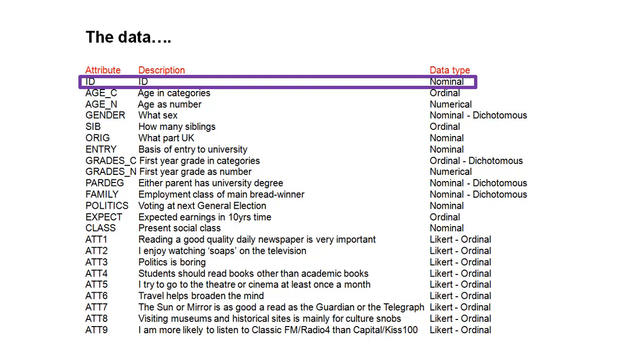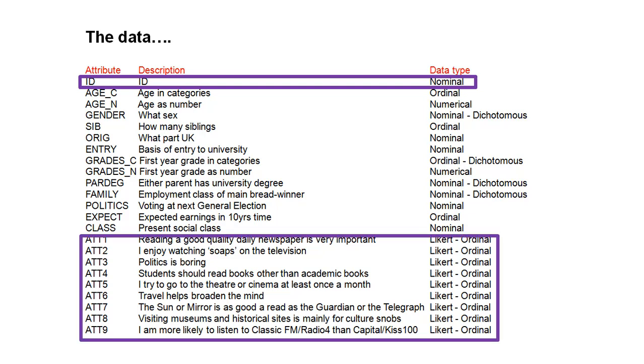The ID is just an identifier to anonymize the responses, and for the purpose of analysis can be omitted. Of the remaining 22 variables, there are 8 nominal variables, 3 of which are dichotomous, 13 ordinal variables, 1 of which is dichotomous, 9 are Likert scale responses, and just 2 numerical variables.